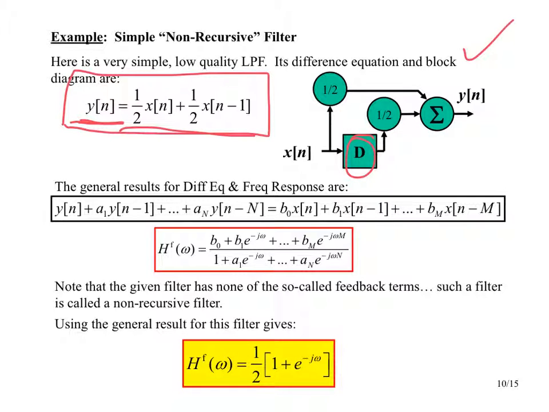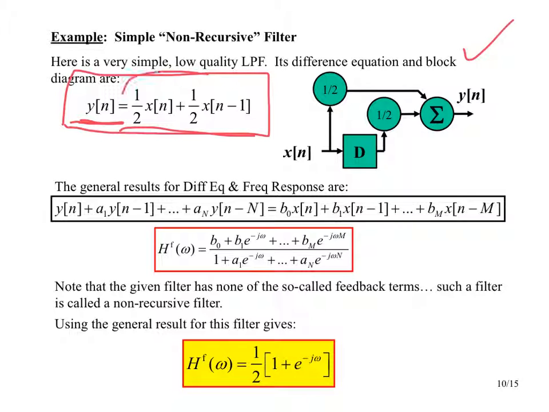I could just as easily have used Z inverse for that, but here I chose to use D. And I've structured how I laid this out a little bit differently than the direct form, but it's basically exactly like the direct form type 2. And so this is our system.